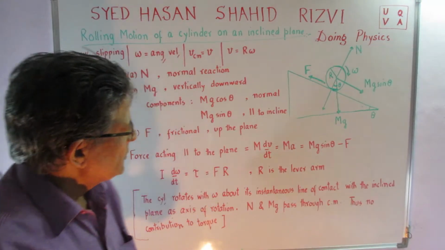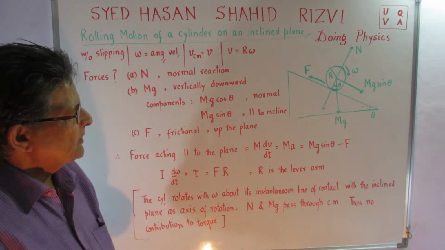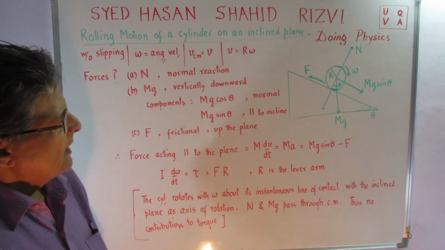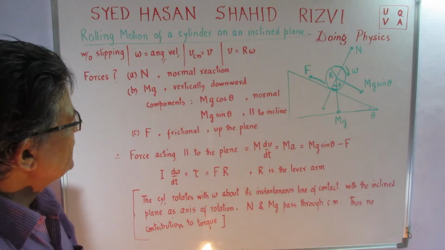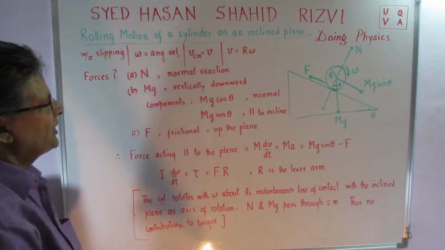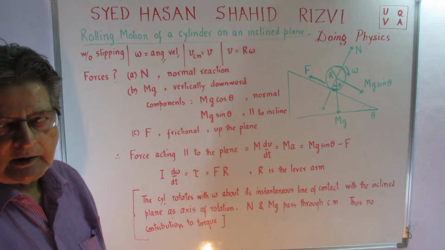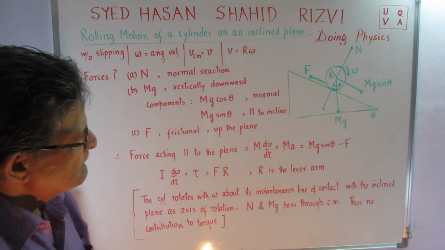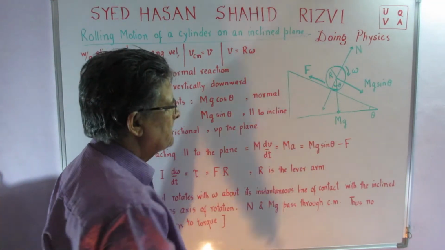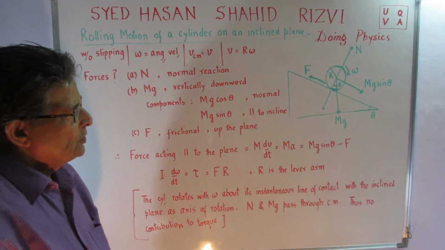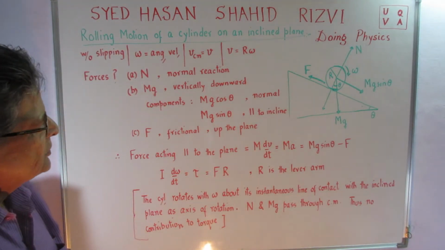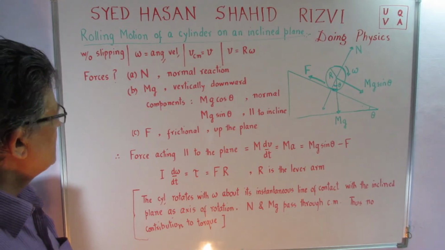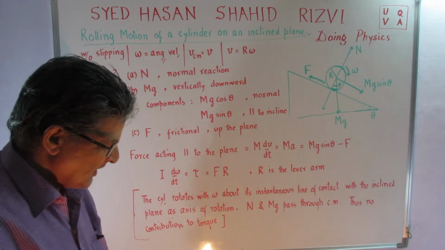So to wind up, I take a special case and want to discuss with you the rolling motion of a cylinder on an inclined plane, which is naturally a rough surface, so that we'll see what the condition of motion without slipping is.